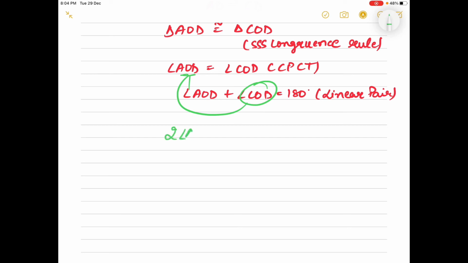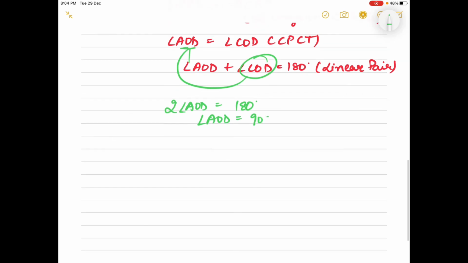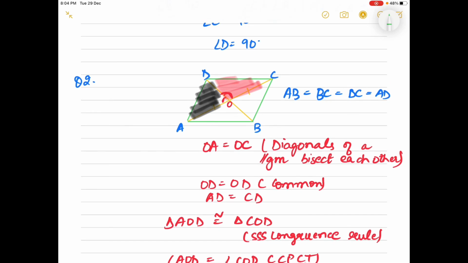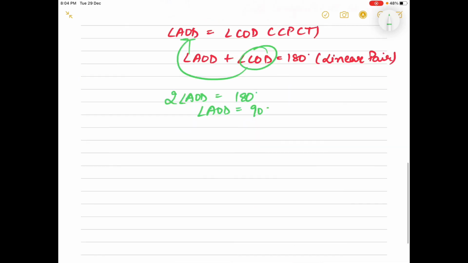So 2 angle AOD will be equal to 180 degree and angle AOD will be equal to 90 degree. So the diagonals of a rhombus are perpendicular to each other, because we have proved that angle AOD is a right angle.